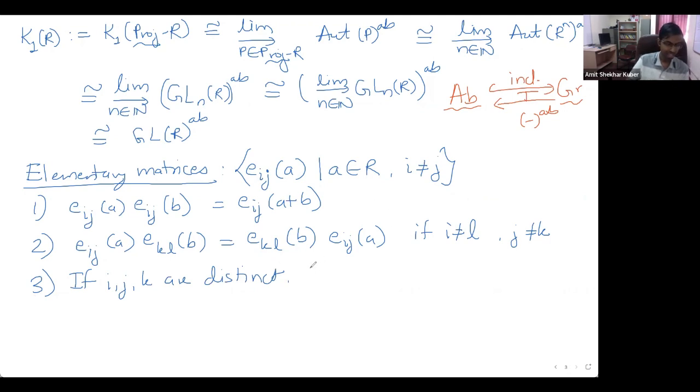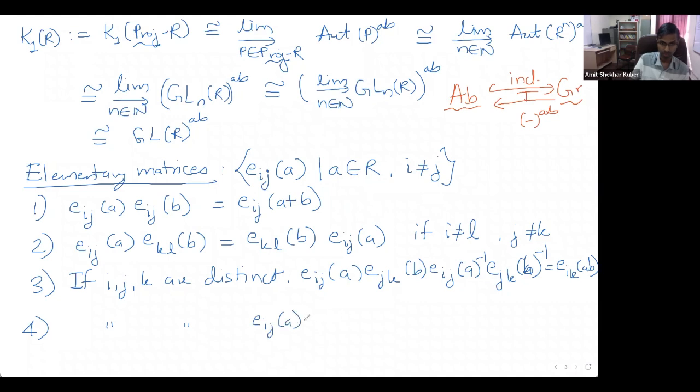So if i, j, k are distinct, then we have this particular identity, which is very useful to identify commutators. e_ij(a) e_jk(b) e_ij(a)^-1 e_jk(b)^-1 is nothing but e_ik(ab). And the fourth one is the property, which is again under the same hypothesis, that if i, j, k are distinct, then e_ij(a) e_ki(b) e_ij(a)^-1 e_ki(b)^-1 is equal to e_kj(-ba).